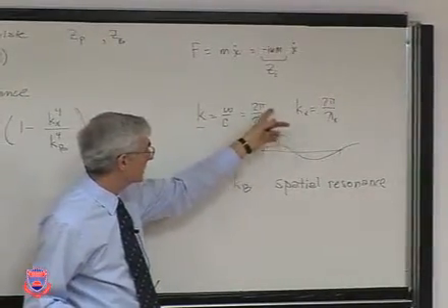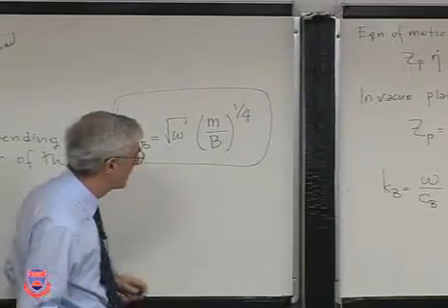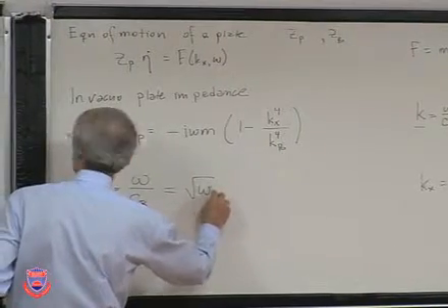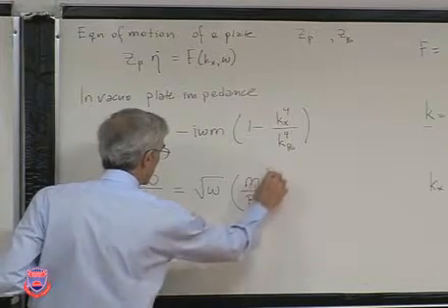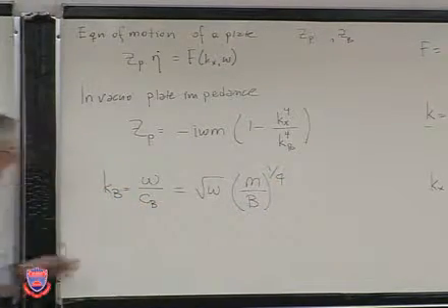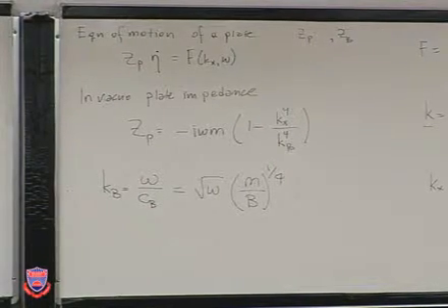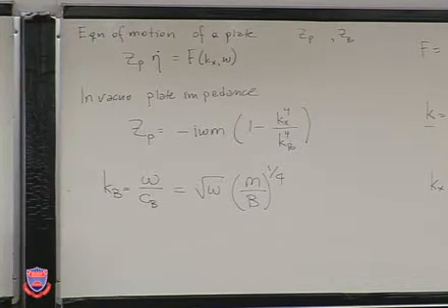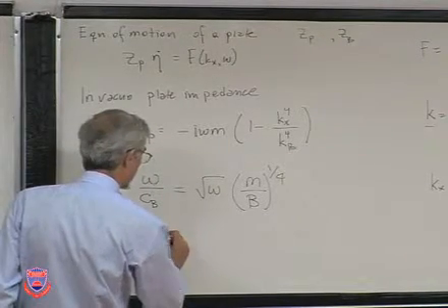Of course, the same thing is true: it's also equal to 2 pi over the wavelength. Now, in our case, omega over CB, if we write the equivalent value, this gives us the expression for the speed with which the bending waves travel.